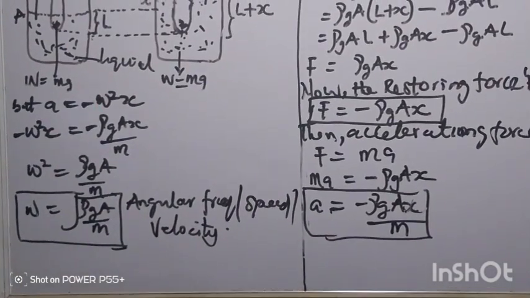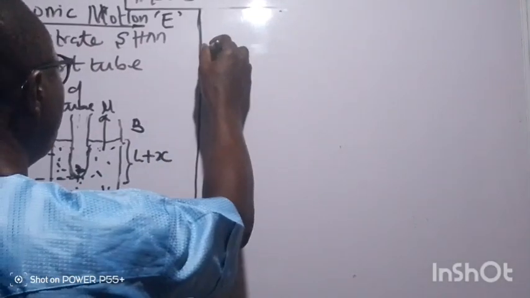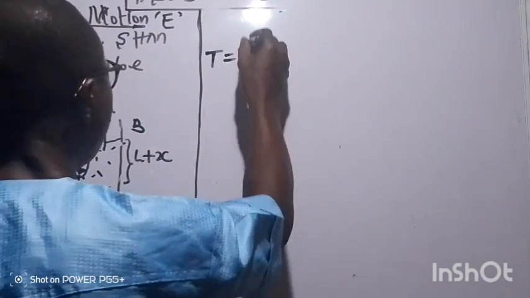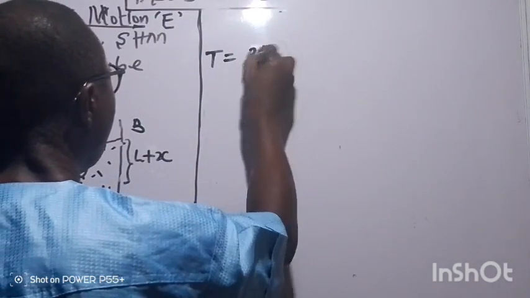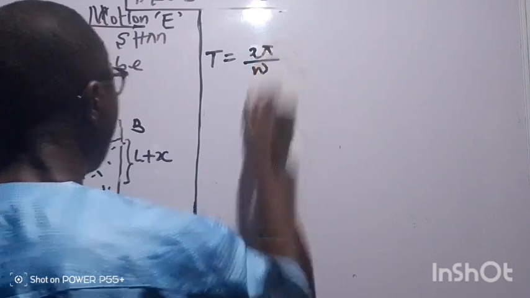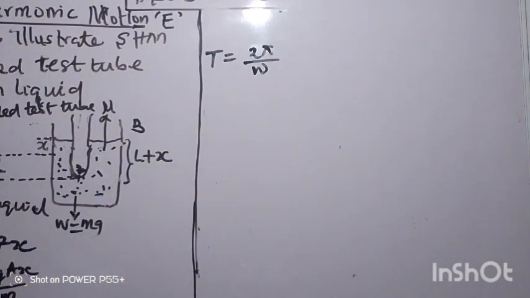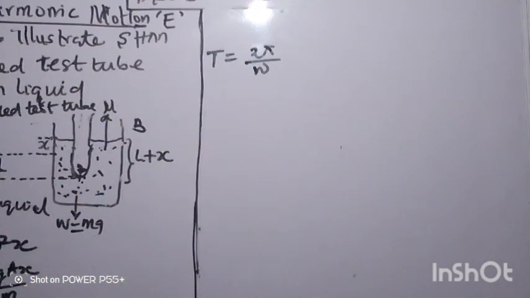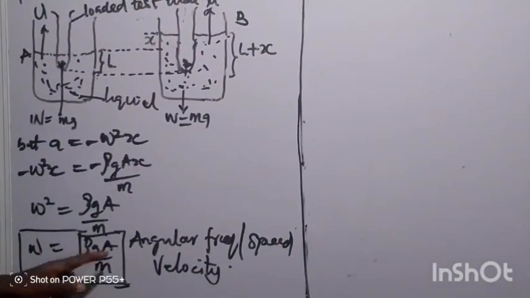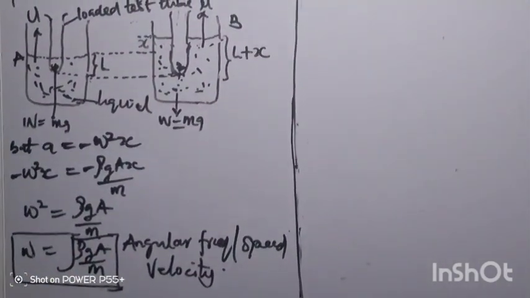Now to get the period from general formula, period T is equal to 2 pi over omega. And we've said the omega is square root of density G A over M. So let's now substitute for this one.